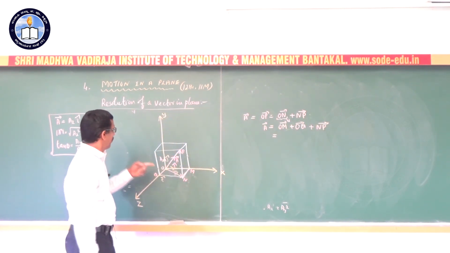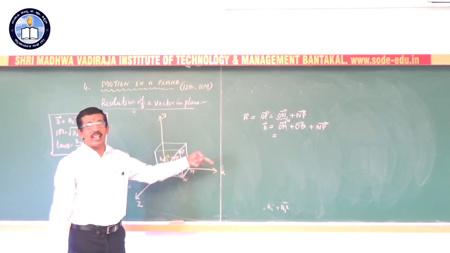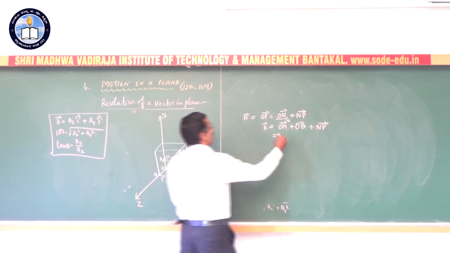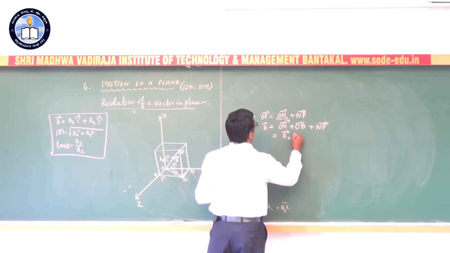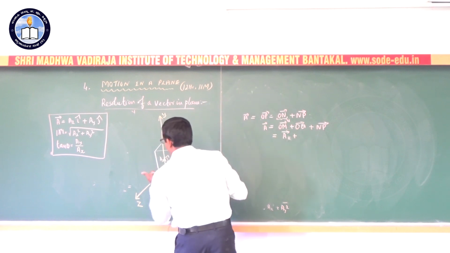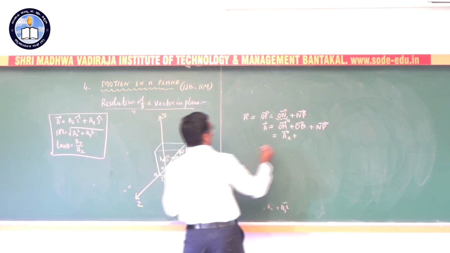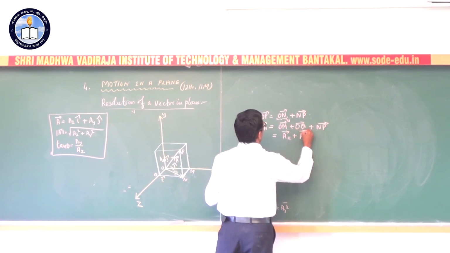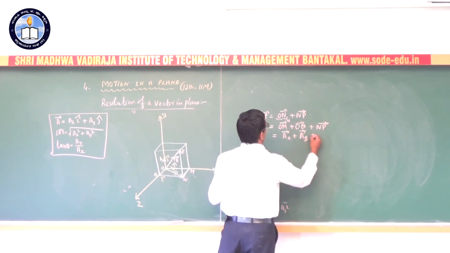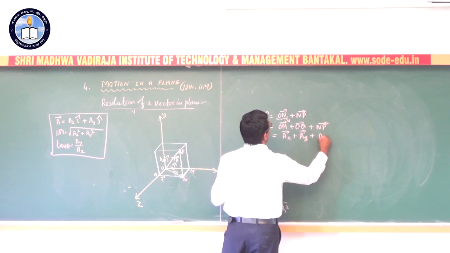OM is the vector along positive x direction, that I will say AX vector or A1 vector, plus OQ is the vector along z direction, that I will take as AZ vector or A3 vector, plus this is A2 vector.